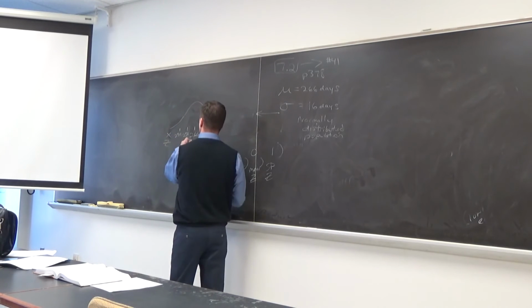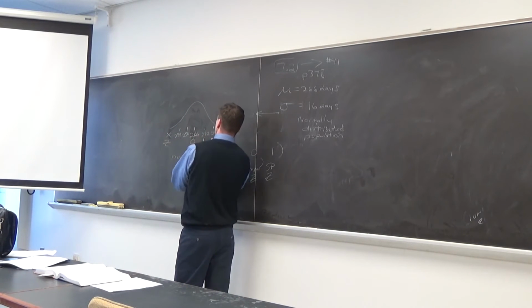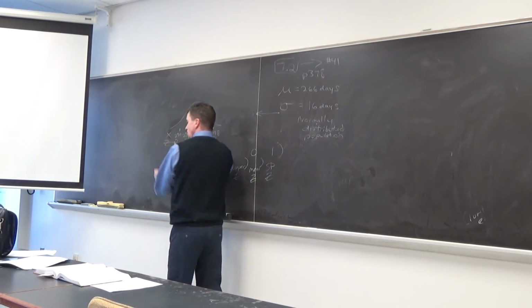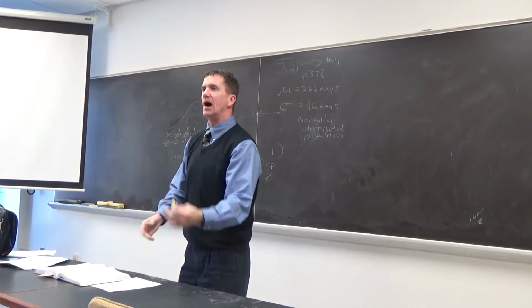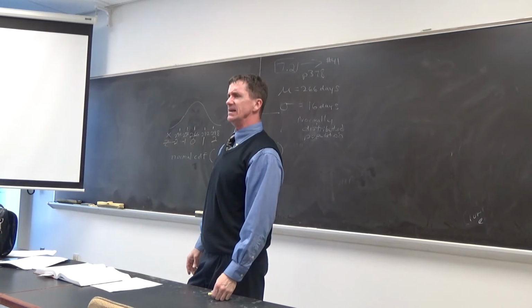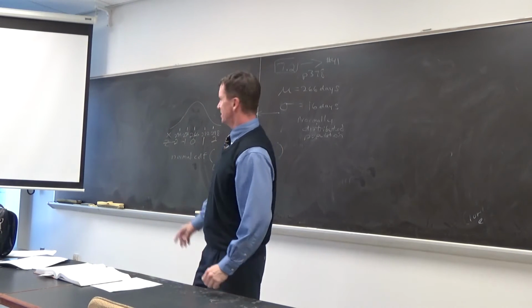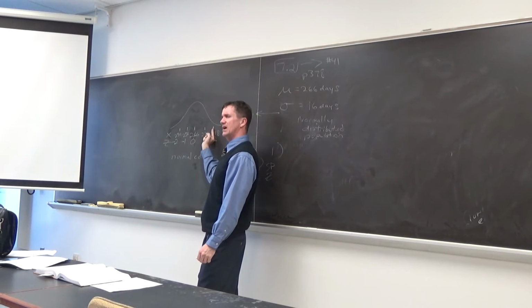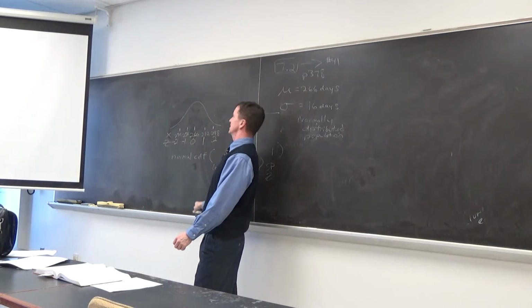Z score here, 0. Z score here, 1. Z score here, 2. We'll use this as a guide. Every time we do a problem, we can check it, look at the image and go, am I doing this right? Why am I getting 99%? That doesn't seem right. There's a 99% chance a baby could be 298 days or more? That doesn't seem right.